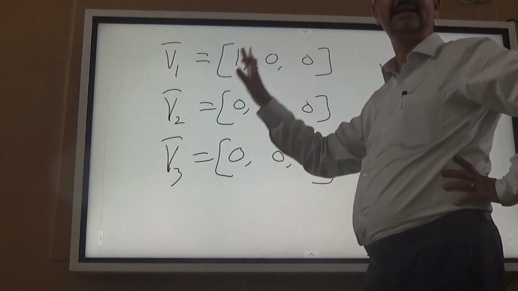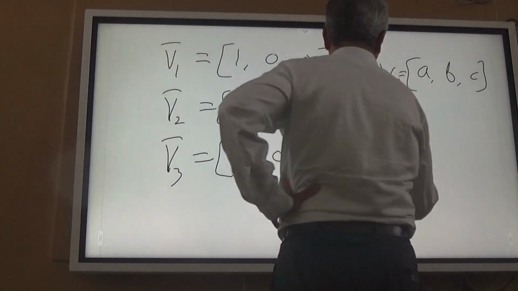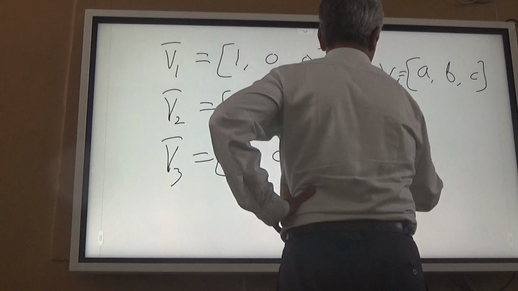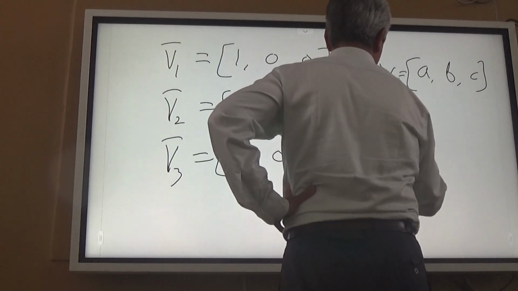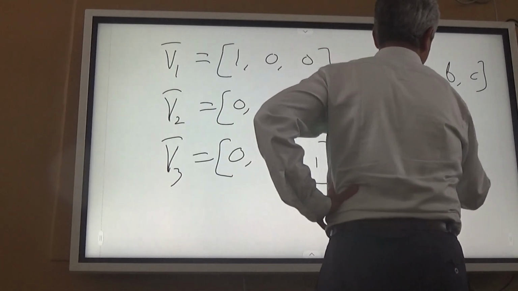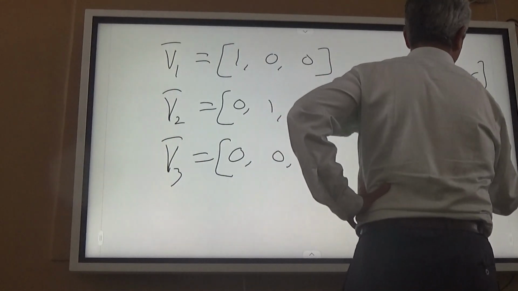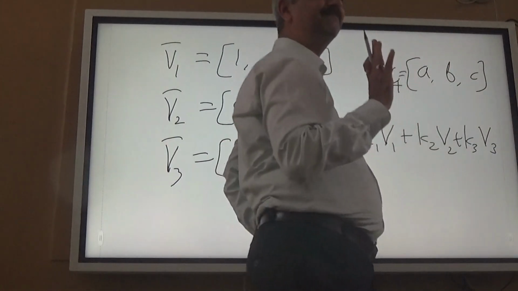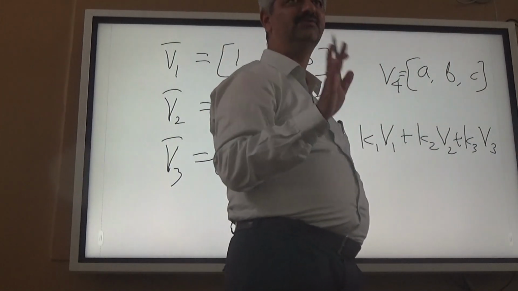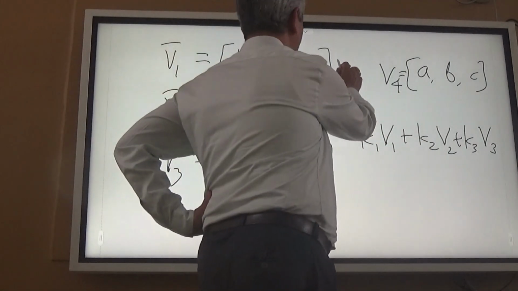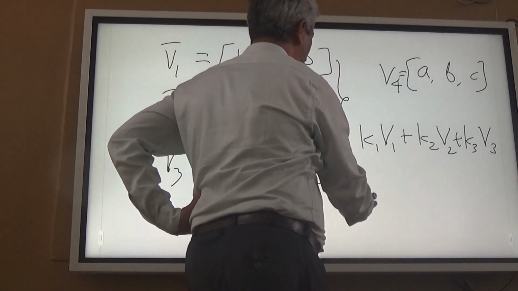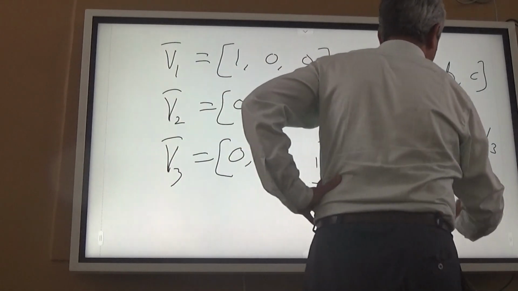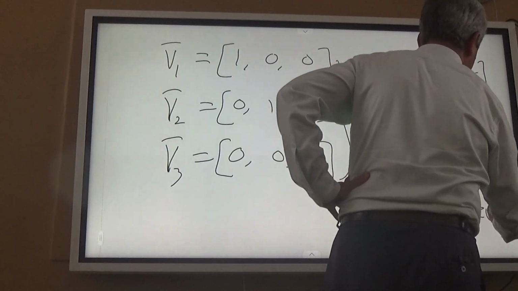Any V4 can always be expressed as K1 V1 plus K2 V2 plus K3 V3. Is it right? So in that case, these three vectors are said to form the basis of 3D vector space.